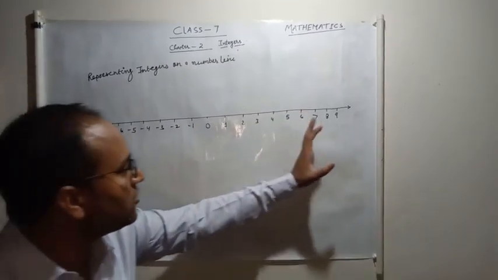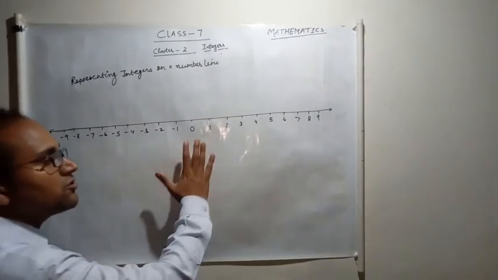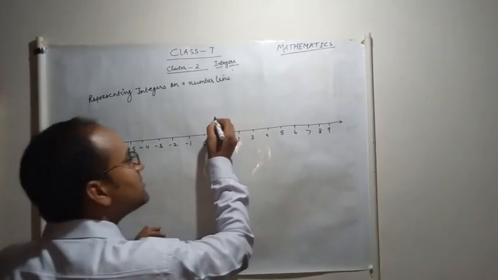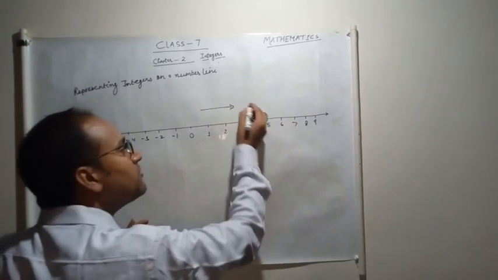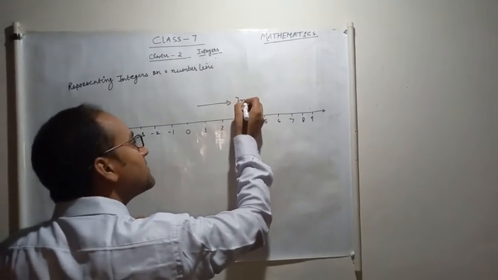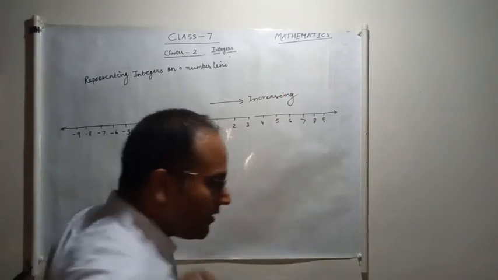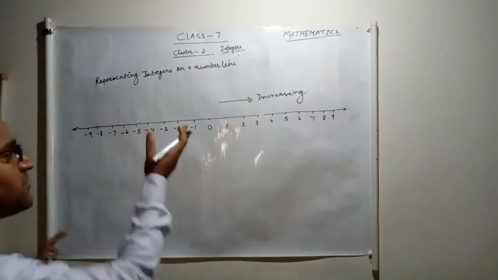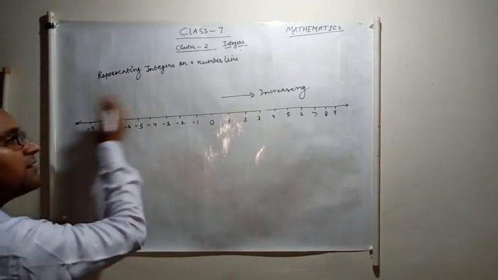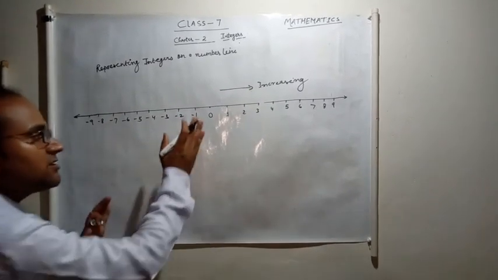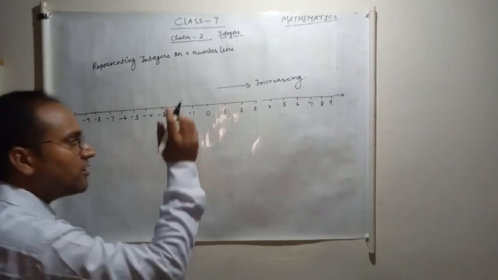On the right side of 0, the value is going to be increasing. On the left side of 0, the value is going to be decreasing. And 0 is neither positive nor negative.